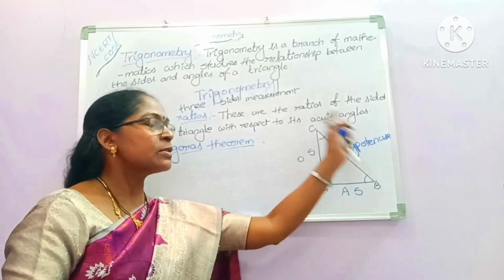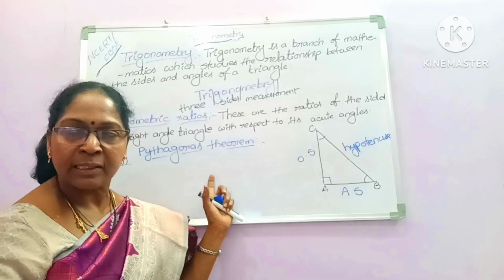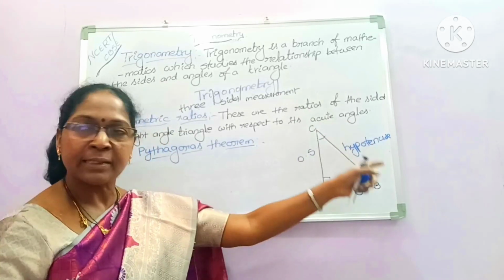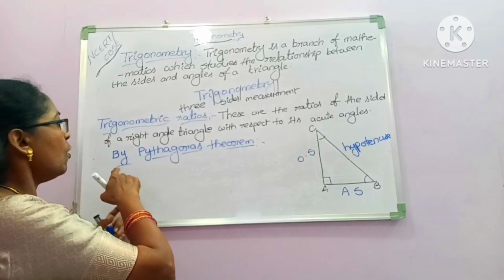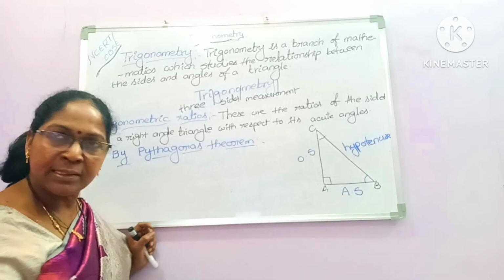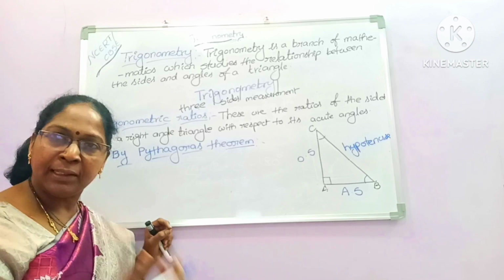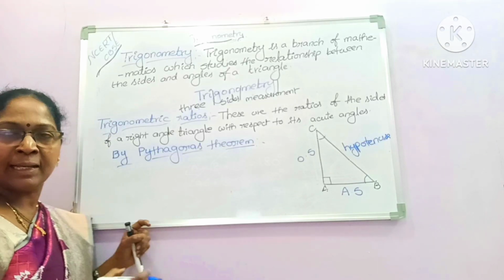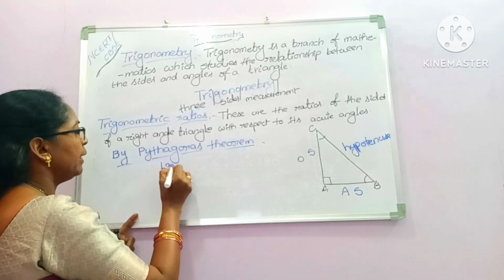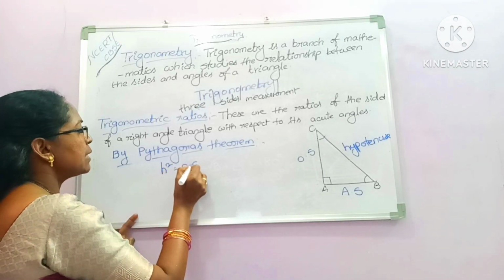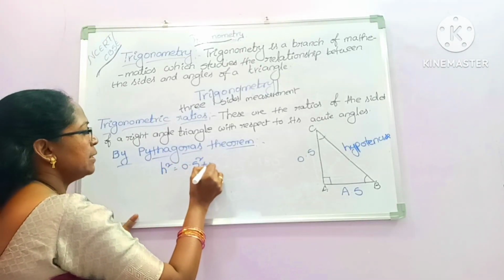Before writing this theorem, you have to represent the names of the sides. We have already learnt this in the previous classes, in the 9th class. So directly I am writing: hypotenuse square equals opposite side square plus adjacent side square.